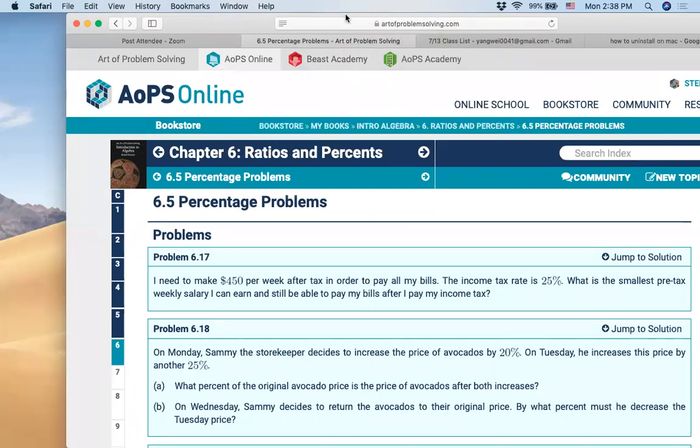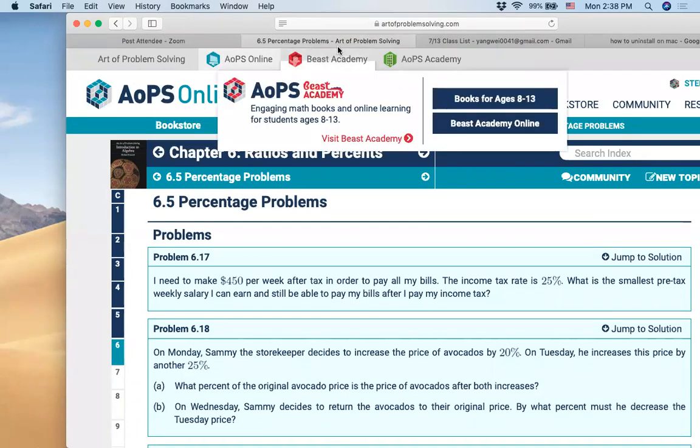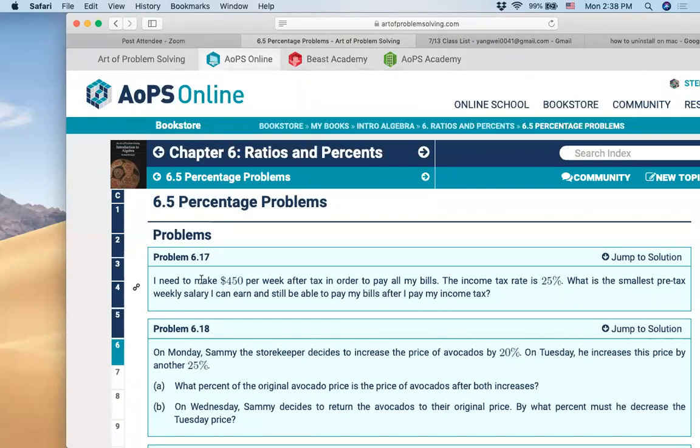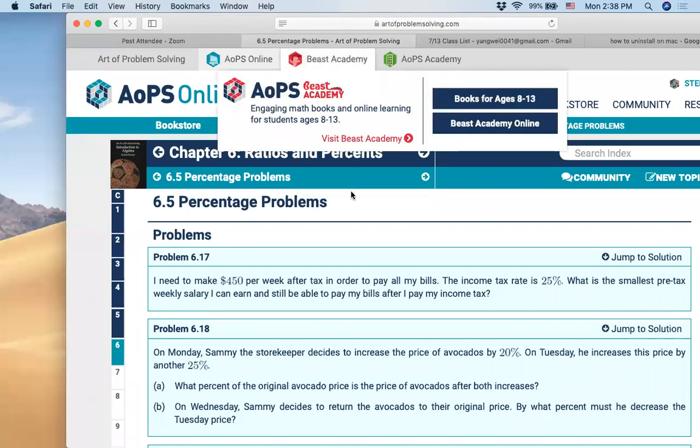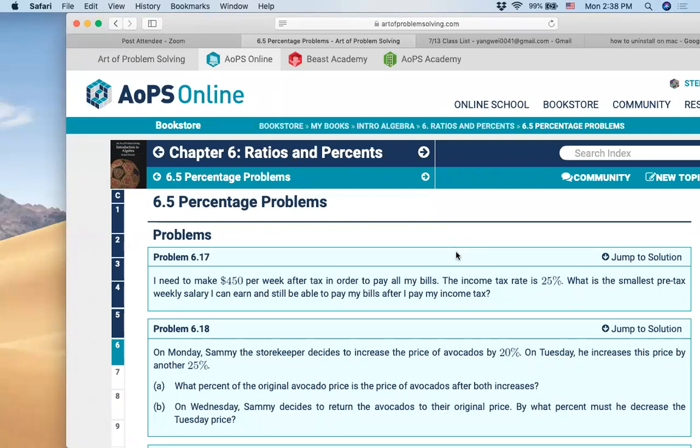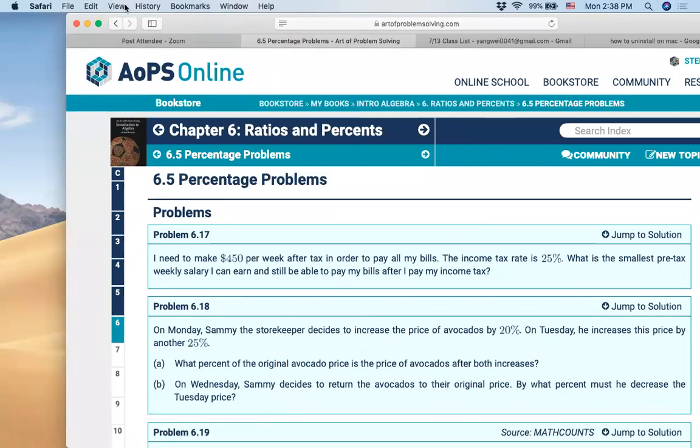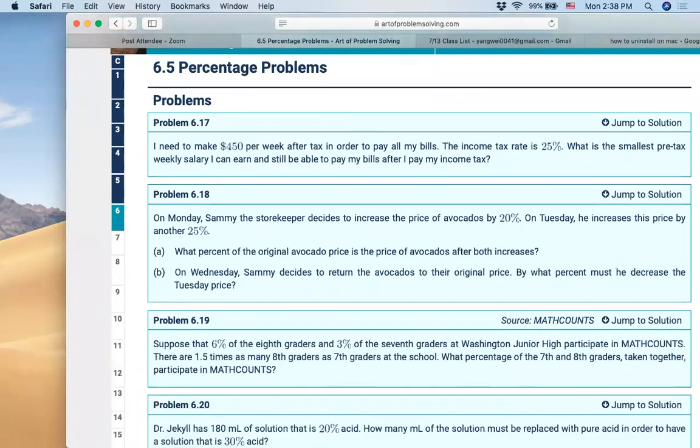In this section, we will learn percent problems, so those are word problems. Let's see the first one, 6.17.